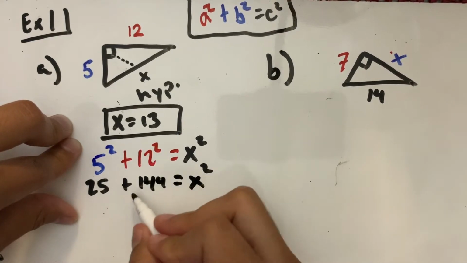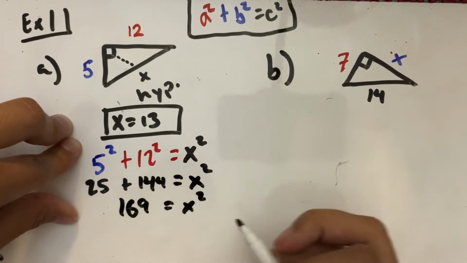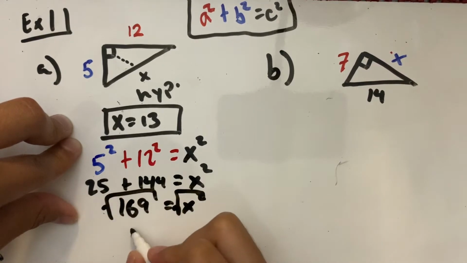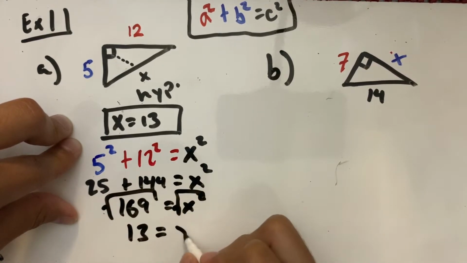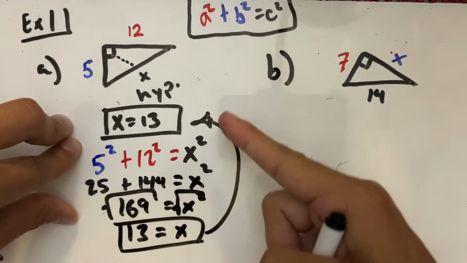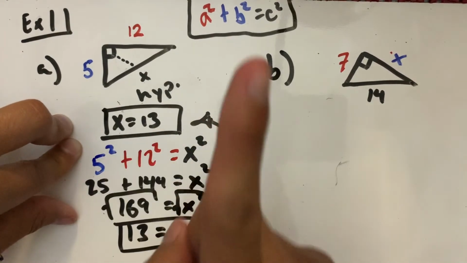Combine like terms right here, so this is going to be 169 is equal to X squared. You have to take the square root, so X is equal to 13. That's just a way for us to double check our work. But if you know it right off the bat, you don't have to do any of this. So just keep that in mind.